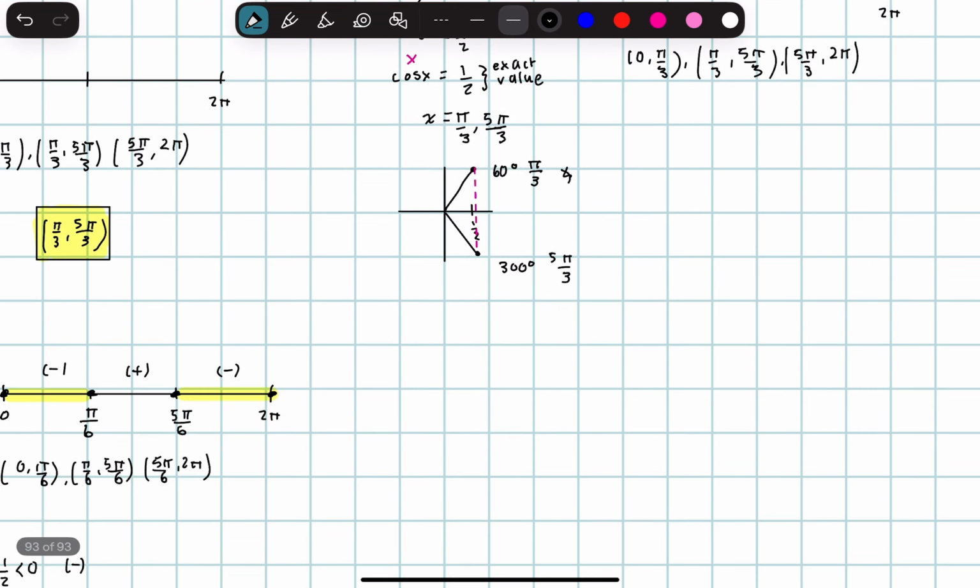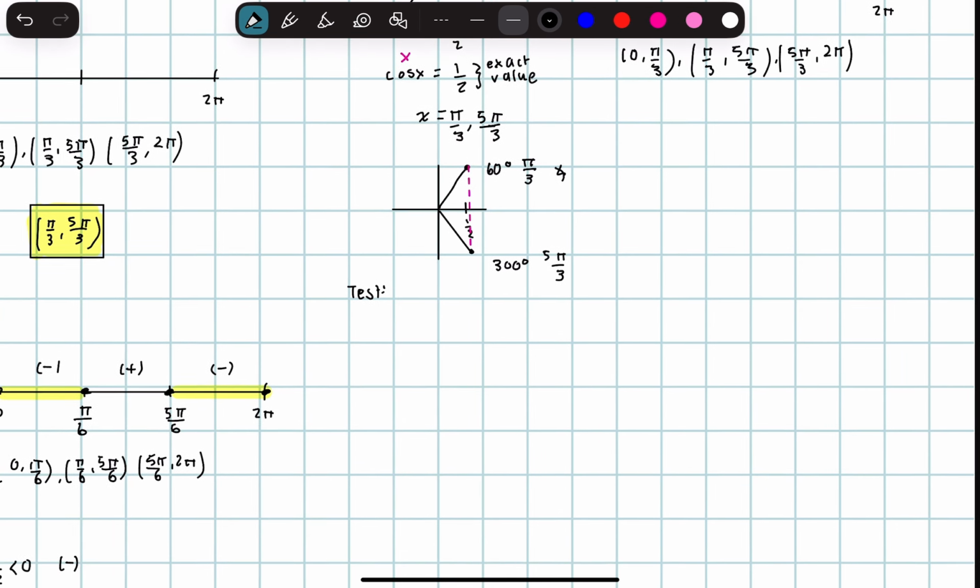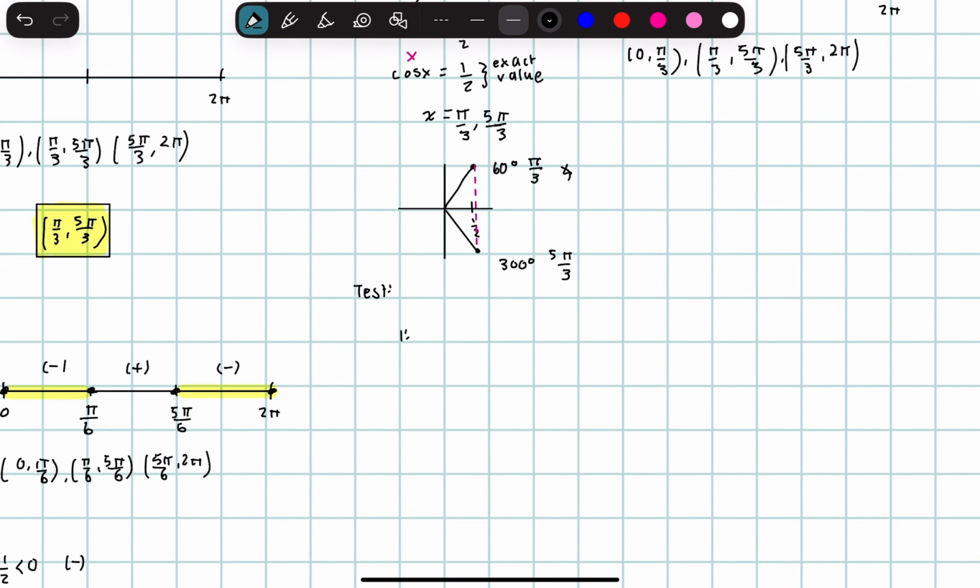Okay, now we can test our intervals. For the first interval we can do x equal to pi over 6, and then cosine of pi over 6 is going to be greater than 1/2. It's going to be positive.